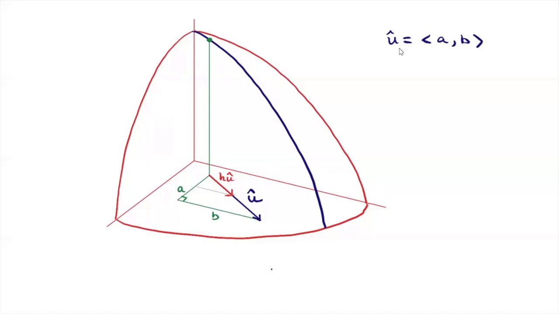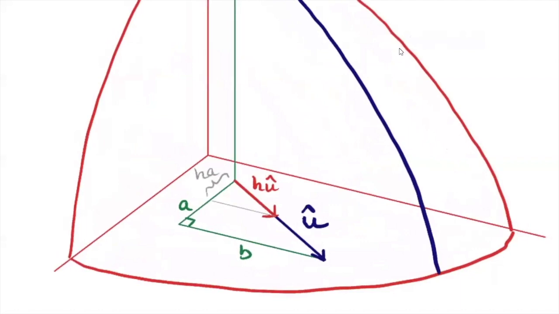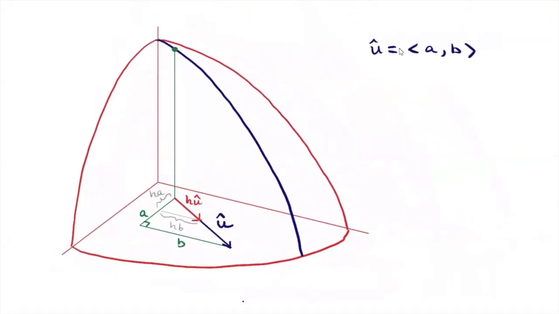Okay, so what I want is for the distance, this first distance here, to be HA. And this other distance in the direction of B, I want that to be HB. And just clearly HU is going to have components HA and HB, like that.